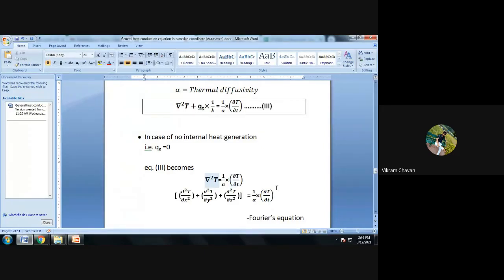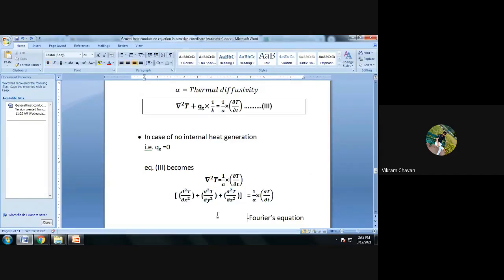Getting everyone? And once we expand this del square T in the normal format, or remove the del operator from this equation, we get the generalized equation without the del operator.